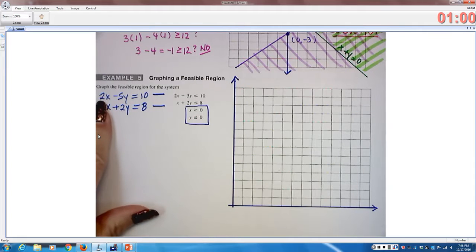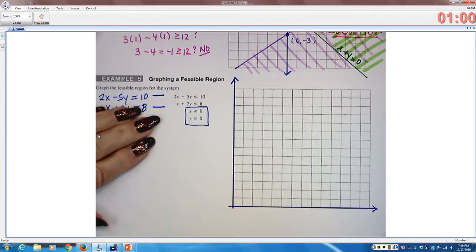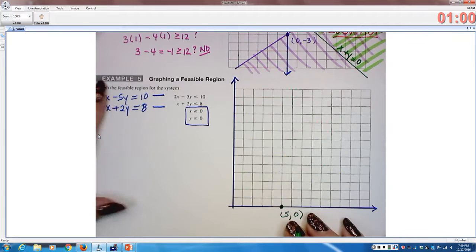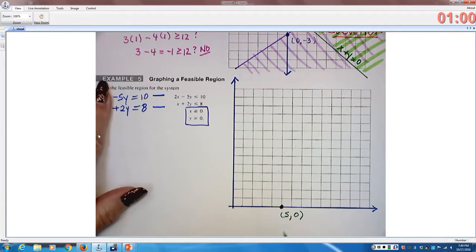So let's see, for 2x minus 5y equals 10. If y is 0, x is 5. And if x is 0, y is negative 2. That didn't help me much.